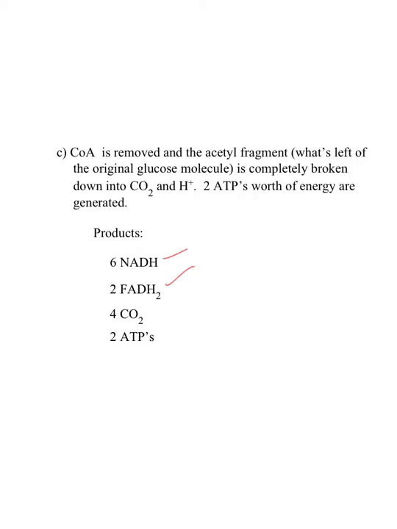The remaining carbons are going to be released as waste in CO2, and we actually get a little bit of extra energy out of this. Some more ATPs. Still not enough to keep us alive, but at least it's something. So let me show you the short version of this process.